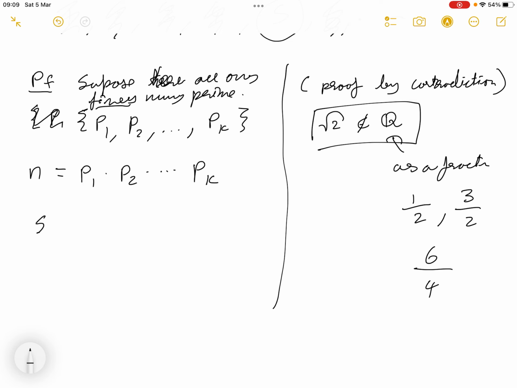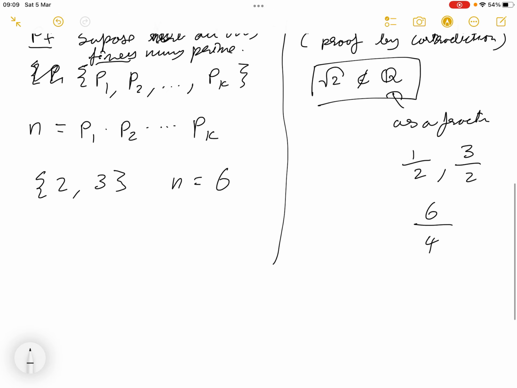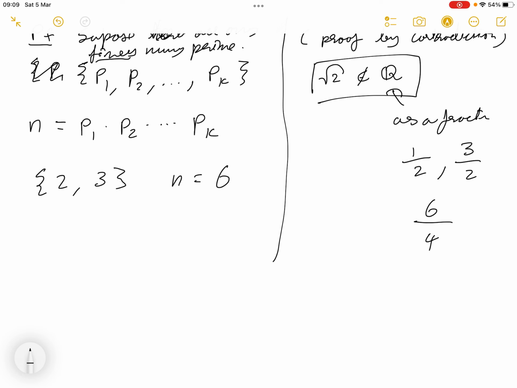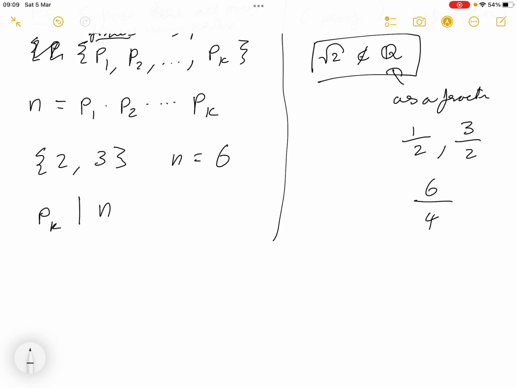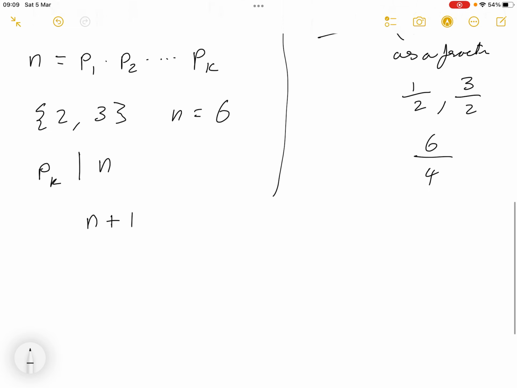So if the set of primes was 2 and 3, n would be 6, okay? That means that every prime in this list divides n, right? But what happens when we add 1 to n?